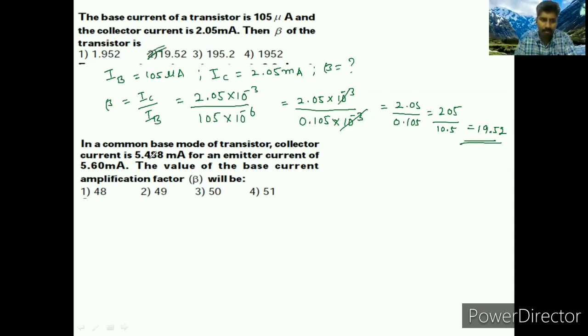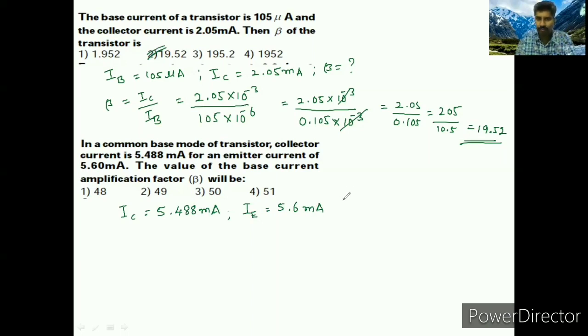Next problem. In common base mode of transistor, collector current IC is equal to how much they gave? 5.488 milliamps for an emitter current of IE is equal to 5.6 milliamps.